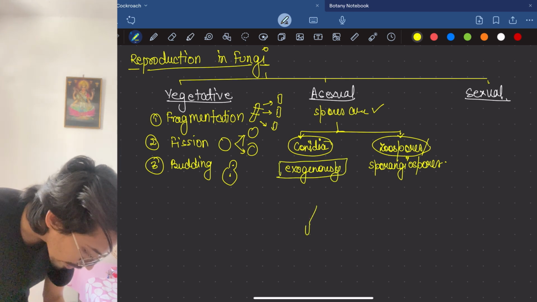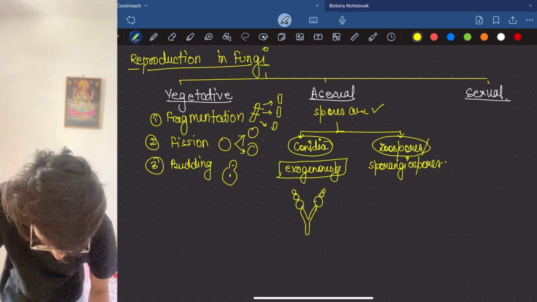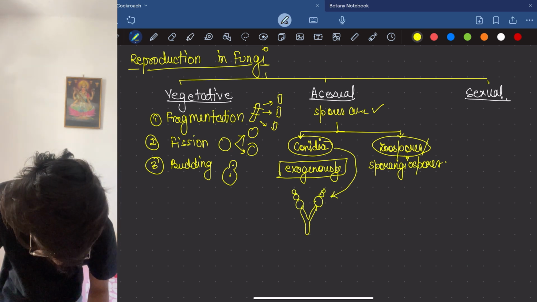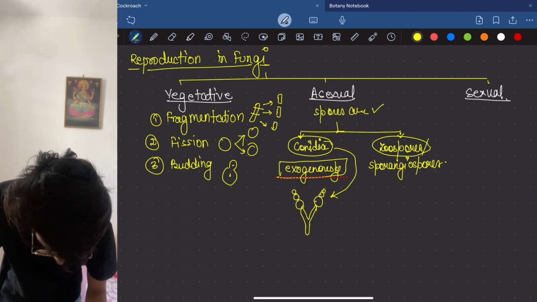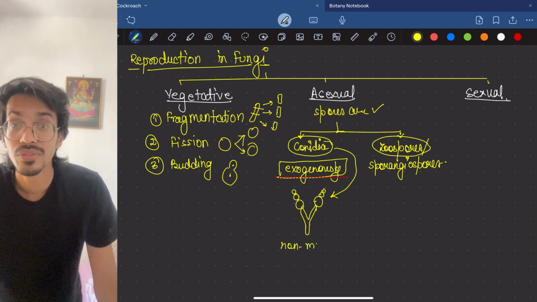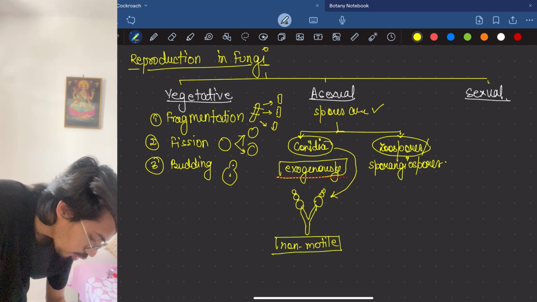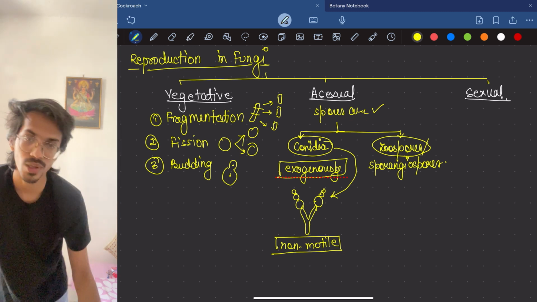This thing you have to remember. You might have made a diagram something like this in the early age and wrote that these things are the conidia. Okay, different spores. These are non-motile. Next point you have to remember. Conidia are non-motile.